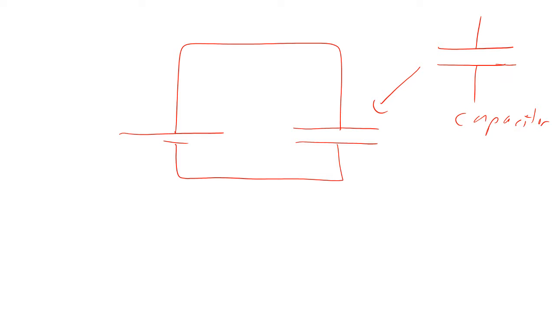Now your book also introduces another symbol in electrical circuits, and that is a switch. So we have a switch right here, and as the symbol indicates, you can close the switch or open the switch. If you open the switch, it disconnects everything from the circuit. If you close the switch, then that becomes a wire right there, and then current can flow.